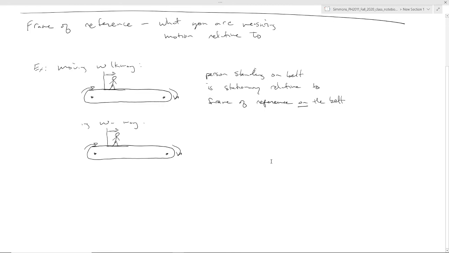In contrast, if instead you imagine your coordinate system not attached to the belt, now the person is going to be moving relative to our frame of reference that's not attached to the belt.